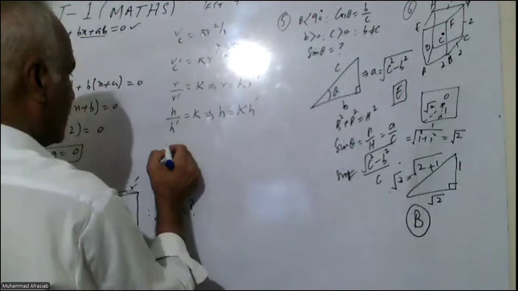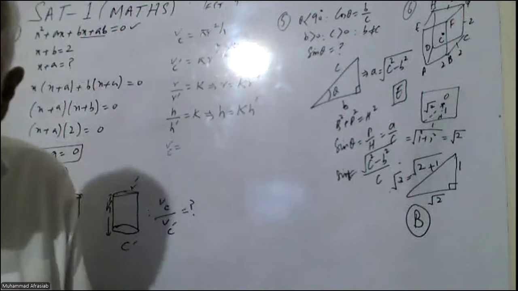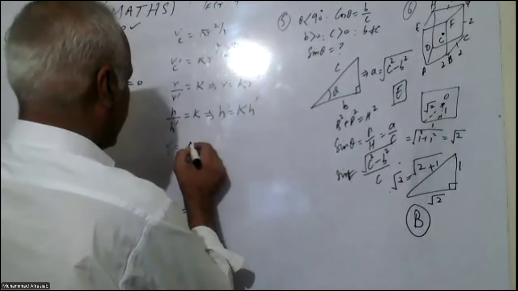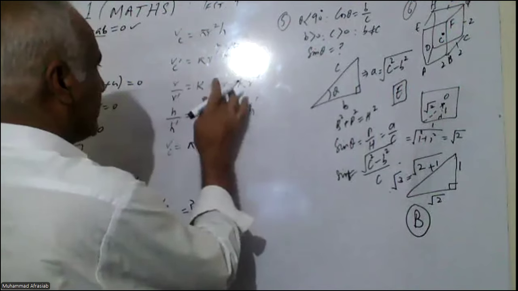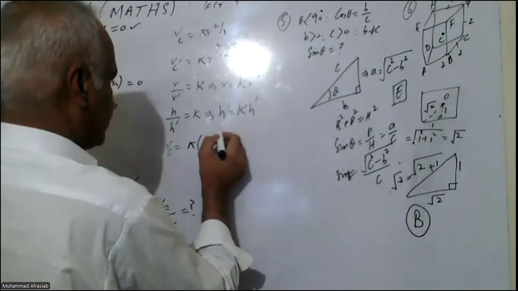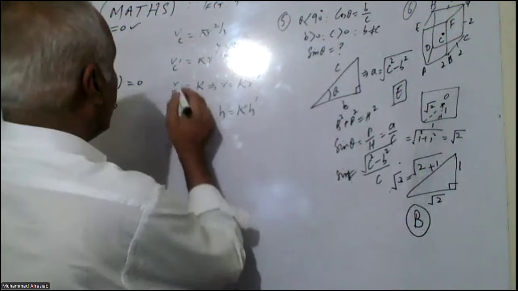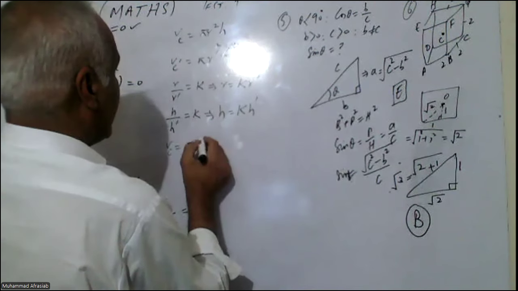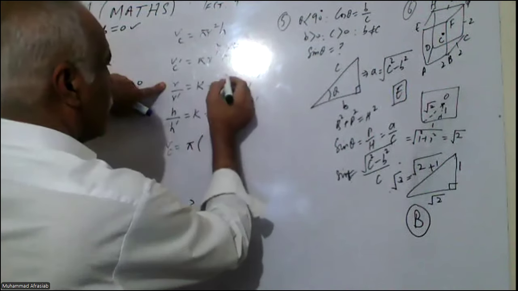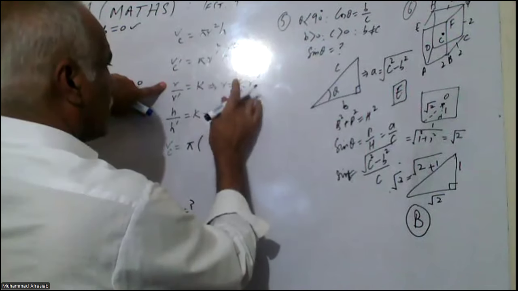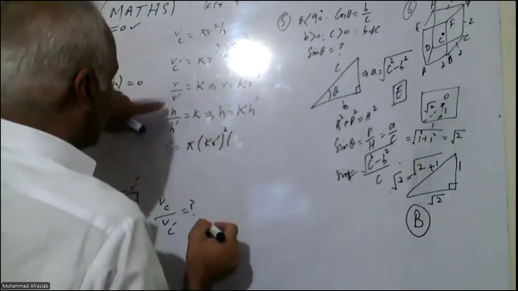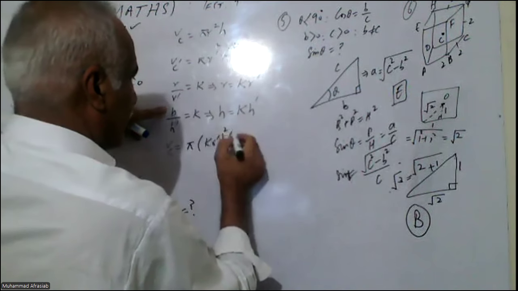So volume of C is equal to pi R square, where R is basically equal to KR dash, so (KR dash) square, into H, which is equal to KH dash.